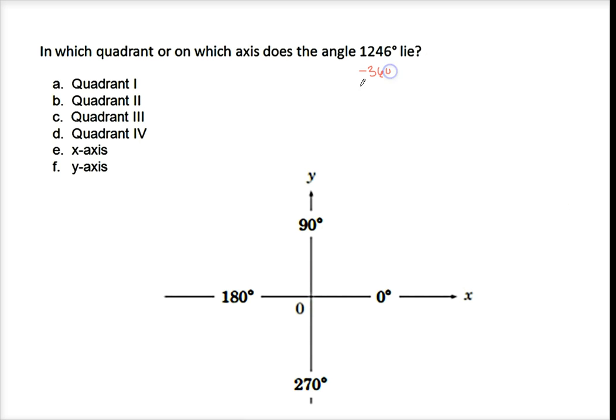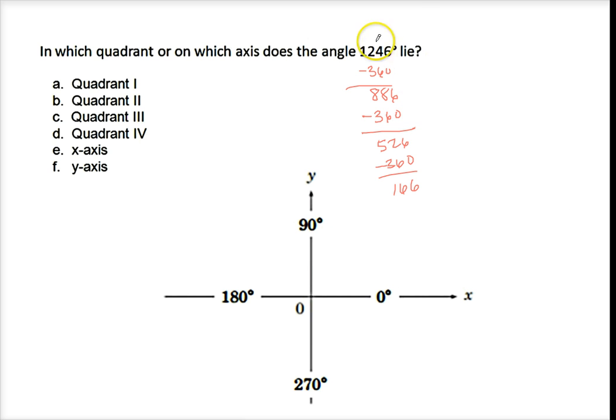So if we take 1,246 minus 360, we get 886, which is still more than a full circle. So we're going to subtract a circle again. Subtract 360 from 886, and we get 526, which is still bigger than a full circle. So we go again and subtract 360, and we get 166. Now that is what we need because this is not more than a full circle.